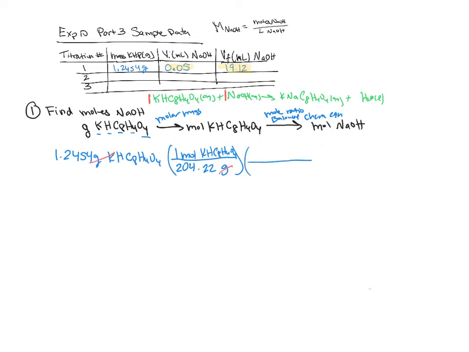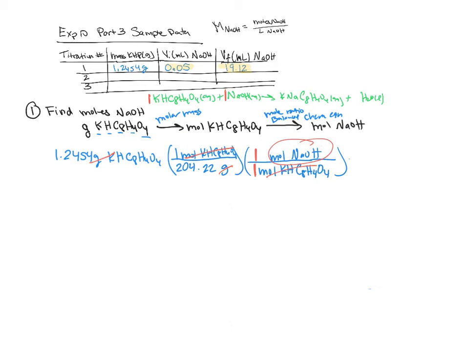And now I need to convert to moles of NaOH. So I need moles of KHC8H4O4 downstairs and moles of NaOH upstairs. And these numbers, it is a 1-to-1 mole ratio because in our balanced chemical equation, we have a 1-to-1 mole ratio there. So that's where those numbers come from. Moles of KHP cancel. We're left with moles of NaOH, so what we want.